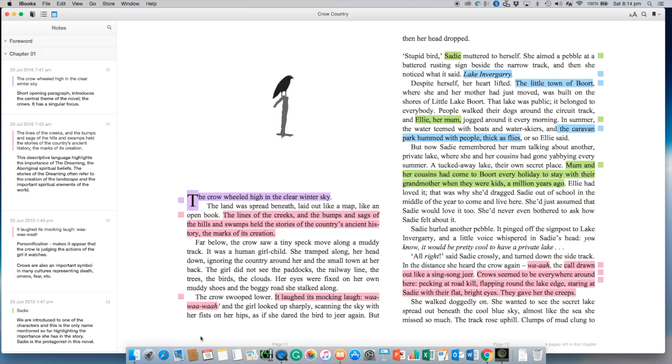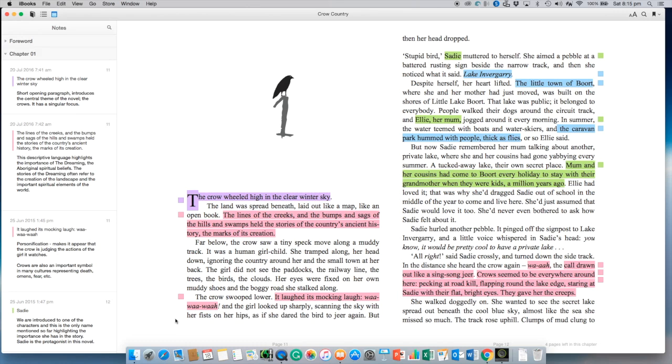As we move down to this fourth paragraph here, the crow swooped lower. It laughed its mocking laugh. Wah, wah, wah. And we have the sound imagery that's contained within this. And we hear that quite a bit throughout the text. It's an important, again, motif that's represented.